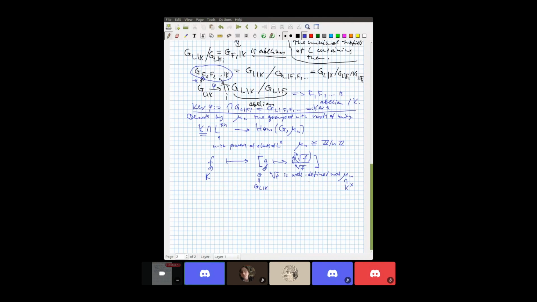So let's see. What is the kernel of this map? So the kernel consists of those f such that the nth root of f belongs to k.